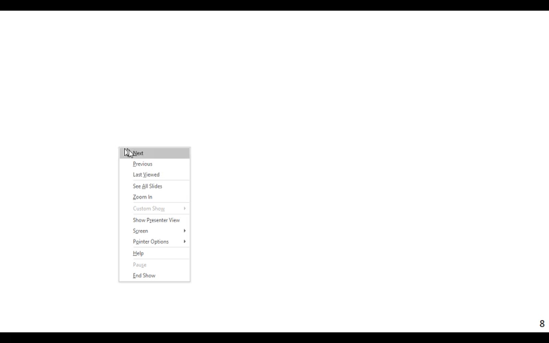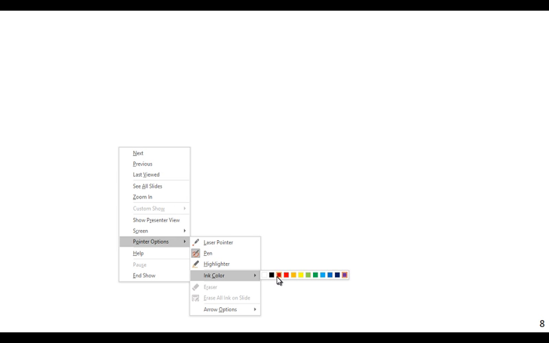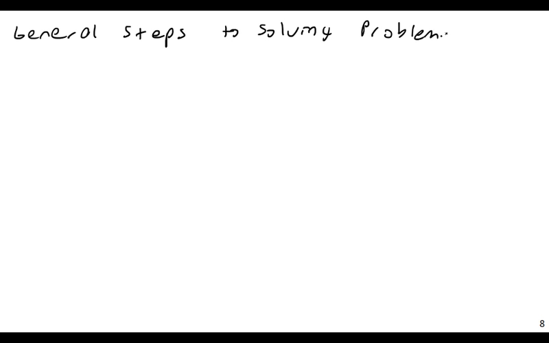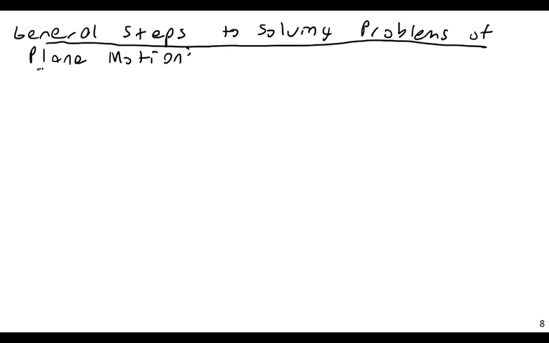Okay, so the general steps to solving problems of plane motion. First, I will isolate the body of interest.